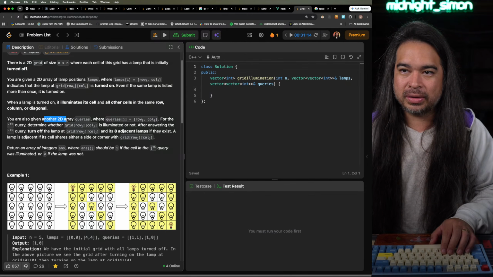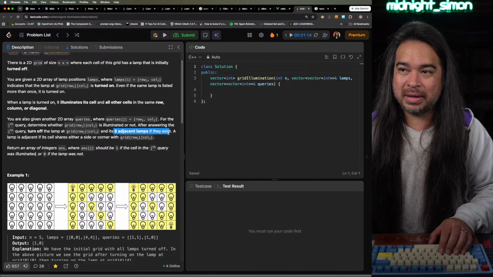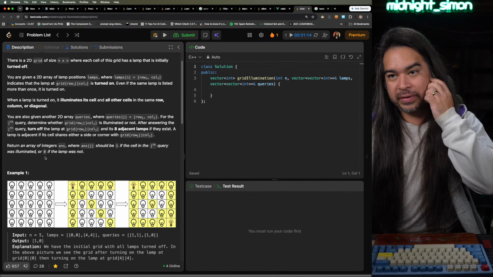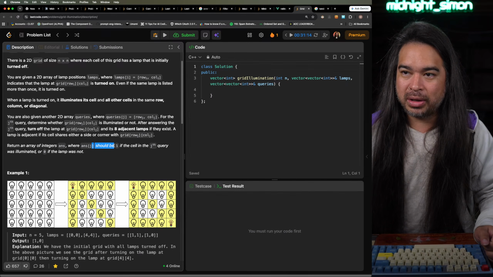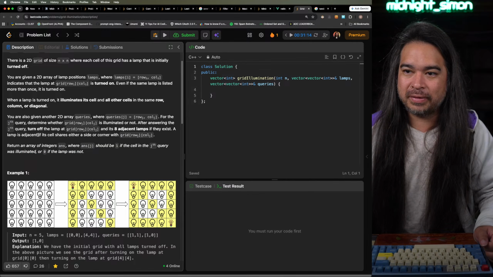You're also given another 2D array queries, where queries[j] equals [row, col]. For the jth query, determine whether grid[row][col] is illuminated or not. After answering the jth query, turn off the lamp at grid[row][col] and its 8 adjacent lamps if they exist. A lamp is adjacent if its cell shares either a side or a corner with the other cell. Return an array of integers ans where ans[j] should be 1 if the cell in the jth query was illuminated, or 0 if it was not.